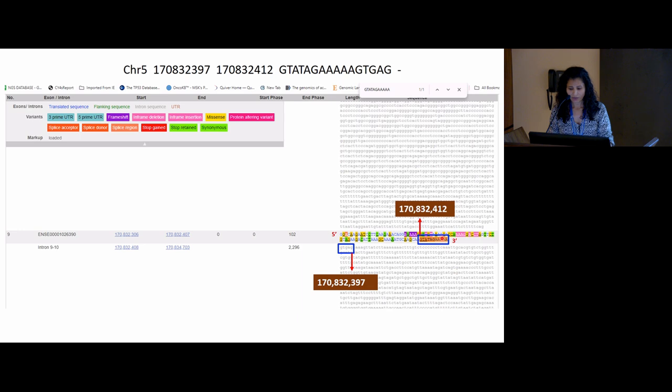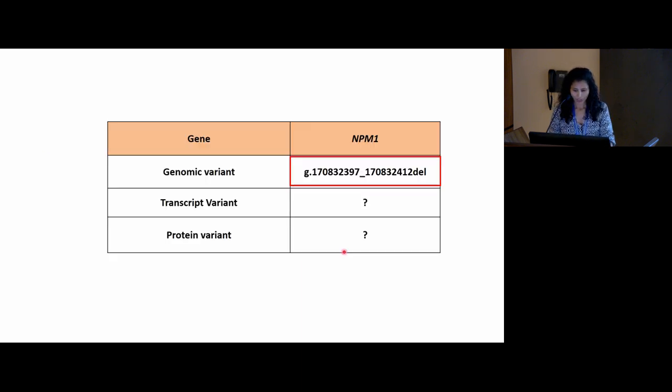This is an 11-nucleotide sequence at the level of exon 9, and a 5-nucleotide sequence deleted at the level of the intron, so a total of 16 nucleotides. The HGVS description at the level of genomic coordinate will be g. followed by the start and end coordinates and the deletion.